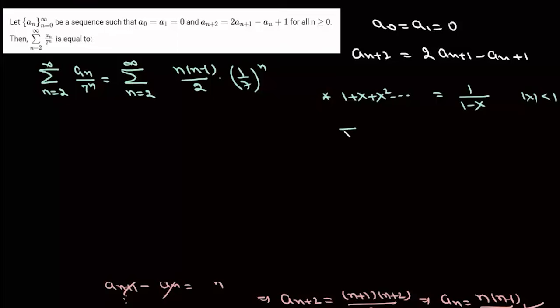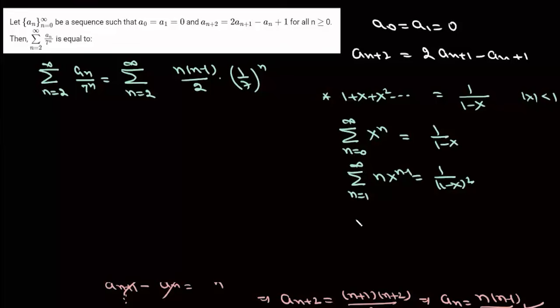So basically this is the summation of x to the power n, where n varies from 0 to infinite, and this is 1 upon 1 minus x. Now if we differentiate this, we can write the summation of n x to the power n minus 1 equal to minus 1 upon (1 minus x) square into minus 1. So there'll be 1 upon (1 minus x) square, where n varies from 1 to infinite.